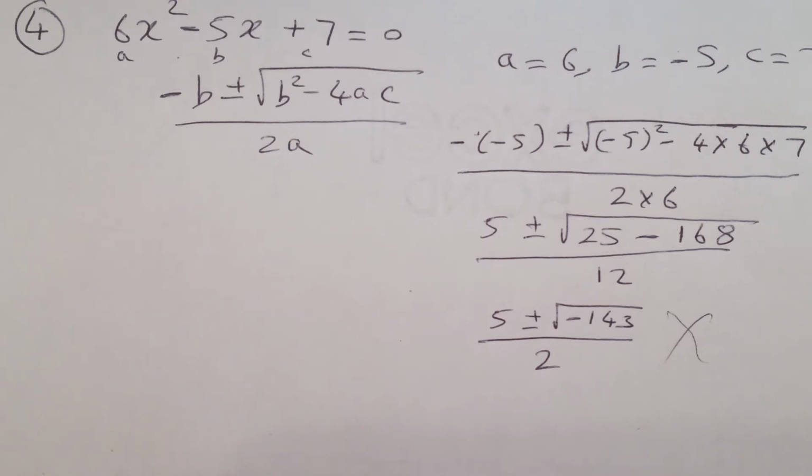Sometimes you will get a question where they want you to prove why there are no solutions. So this is how you put in the formula. When you get the negative root, say that it is a complex number, and there are no real solutions for that. So this is how you can prove that.